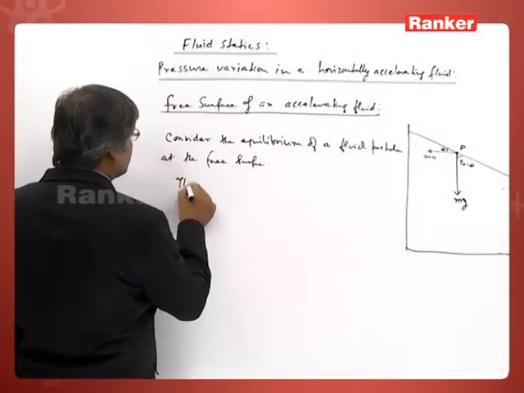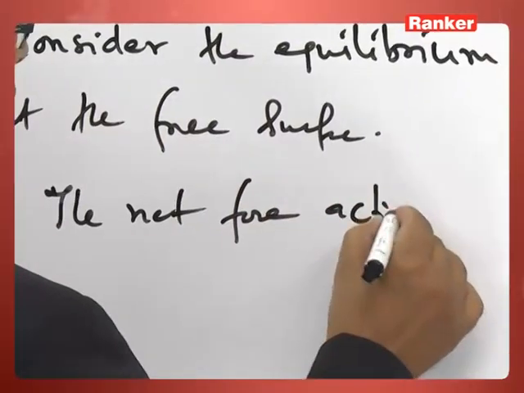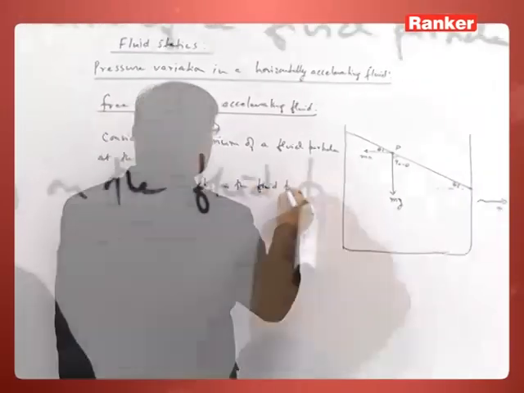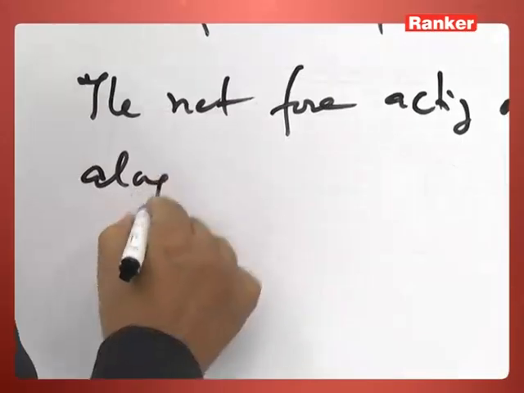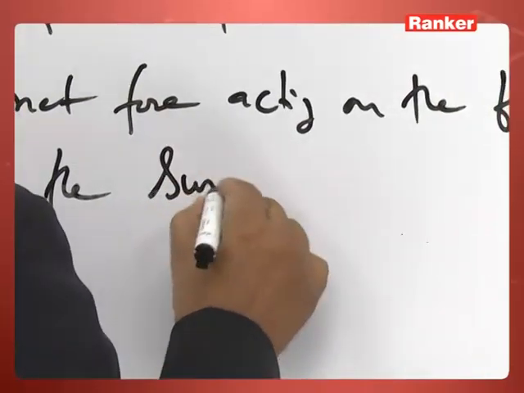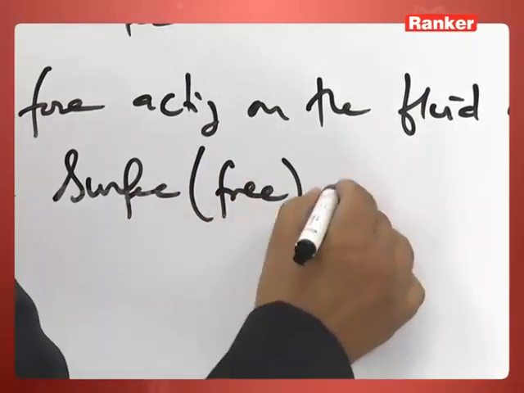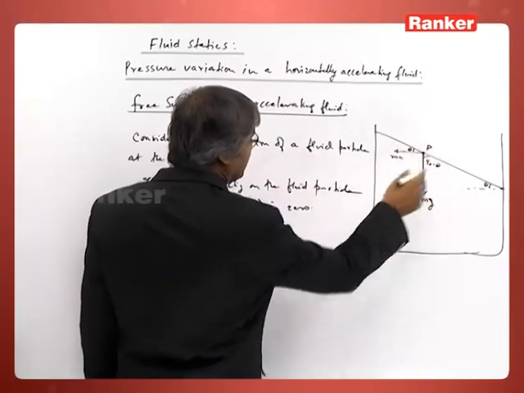So, the net force acting on the fluid particle along the tangent or along the surface, that is the free surface, should be 0, otherwise the fluid will be moving here and there.